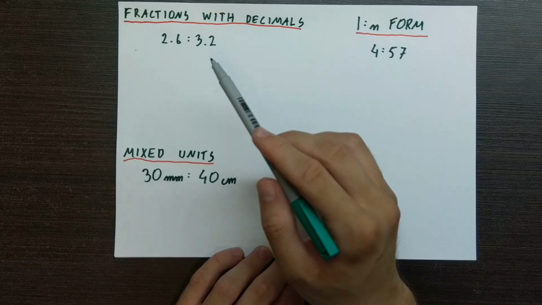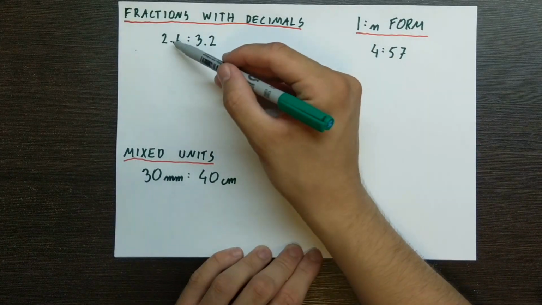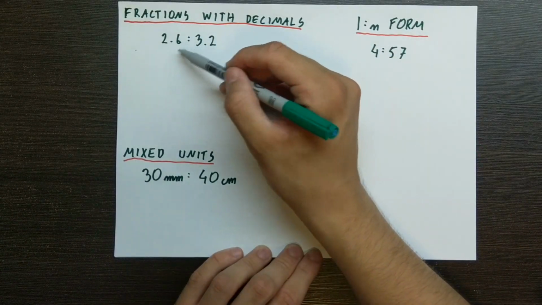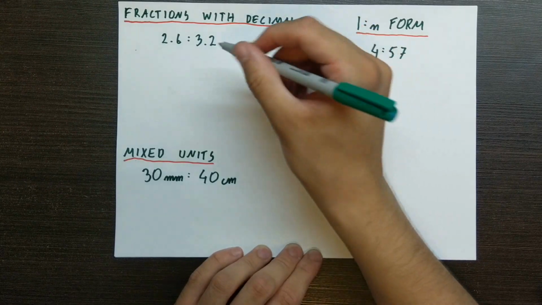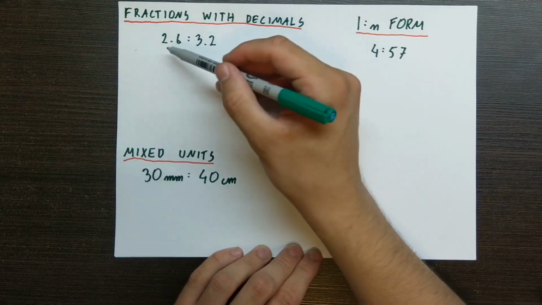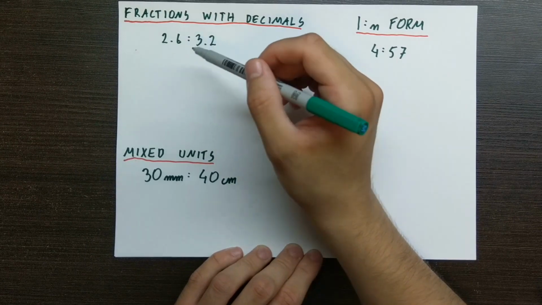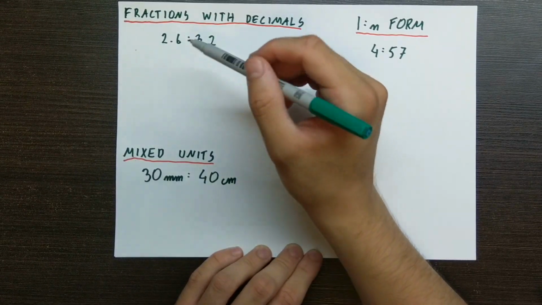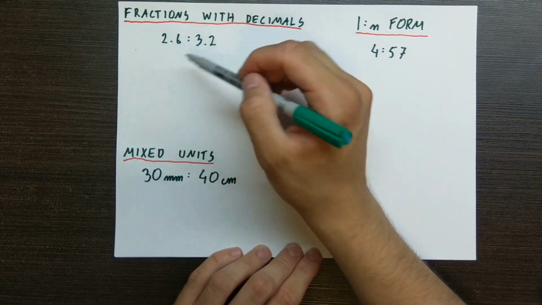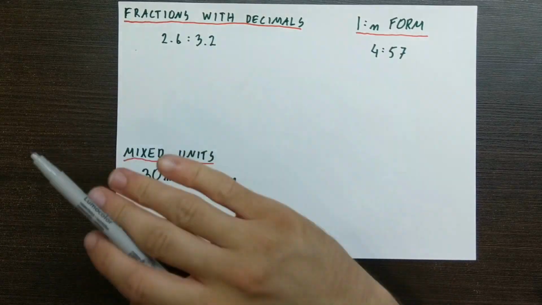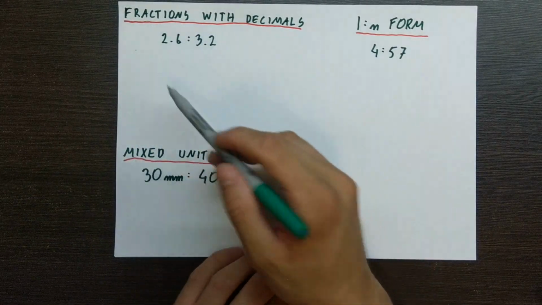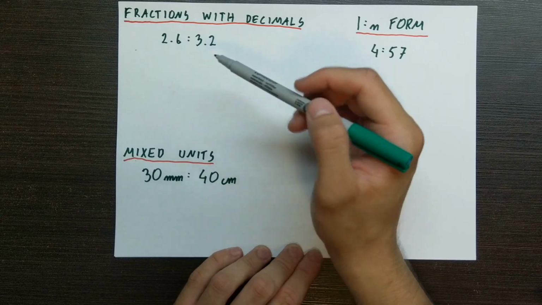So all you gotta do is, if we have only one decimal place, then we multiply both sides by 10, and that will get rid of the decimal. If we have 2 decimal places, then we multiply both sides by 100, and that will get rid of all the decimals every single time. So that's my little trick to figure this one out.